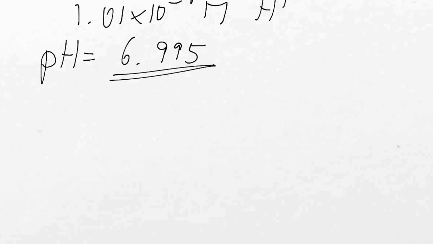Have we rescued our model? pH 6.995 is just a smidgen below 7. Below 7 means acidic. So this stuff is acidic. Hallelujah.